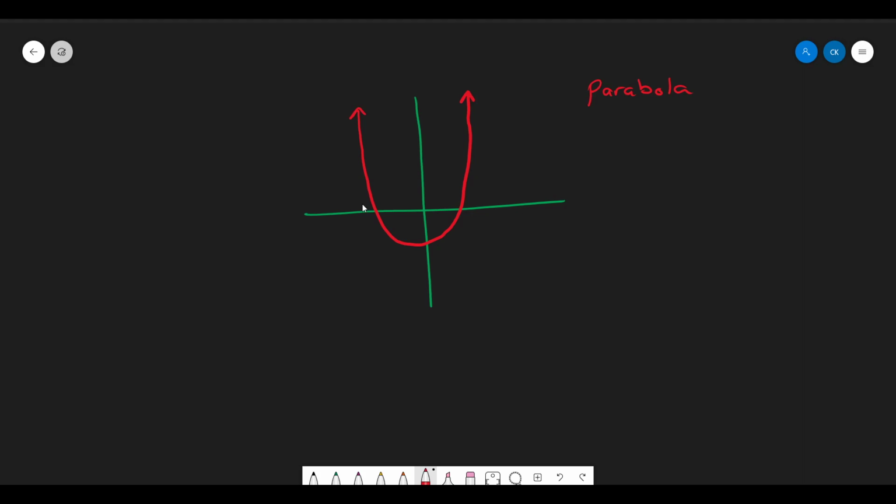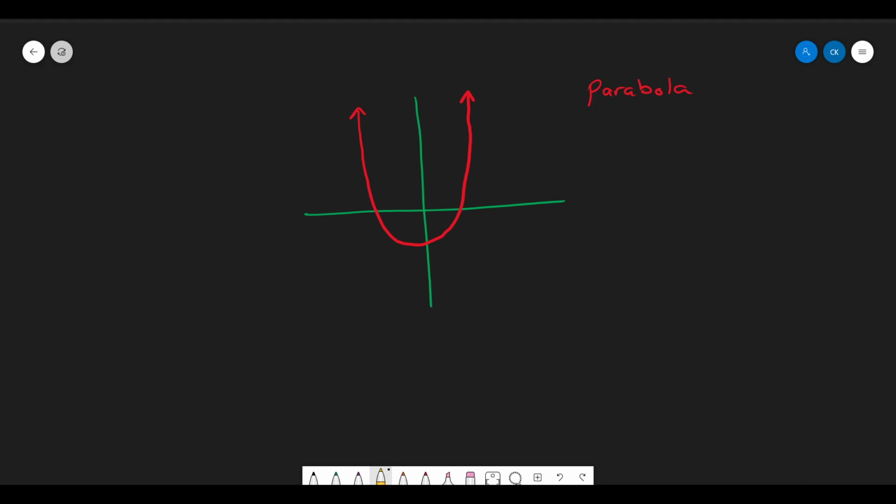Now, obviously, it could be going up, it could be coming down, it could be going like this. But it'll always have a U shape to it. So, that's the first thing we want to talk about, the shape of it. So the shape is always a parabola.